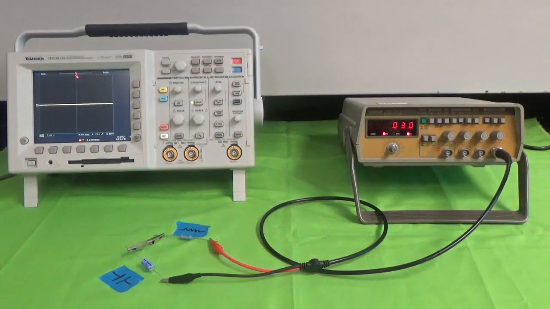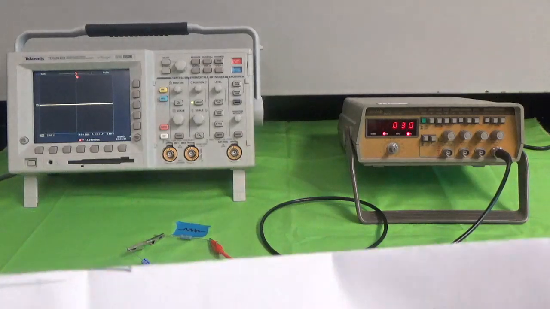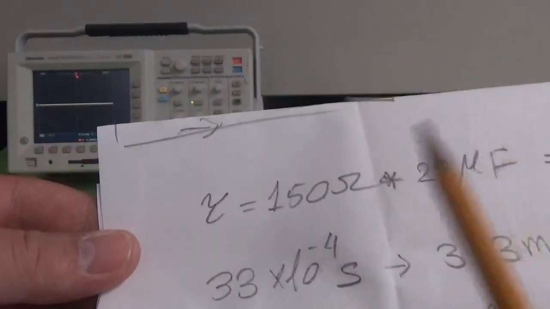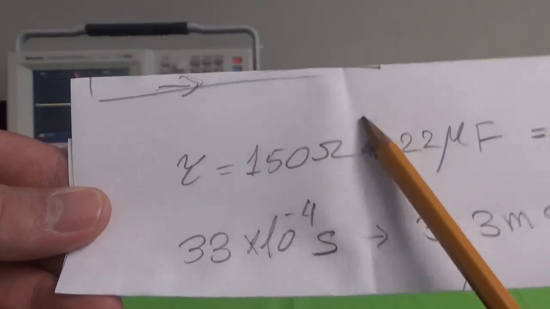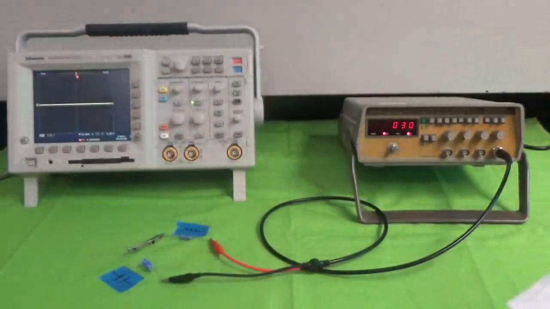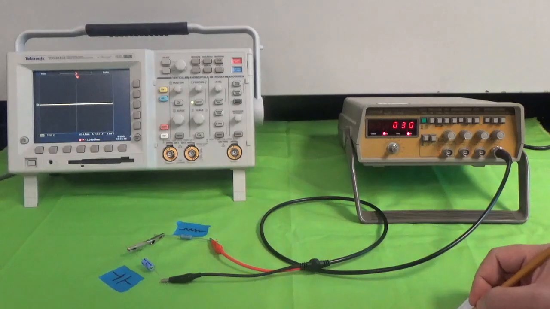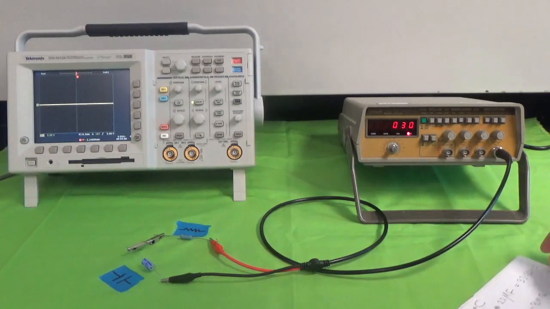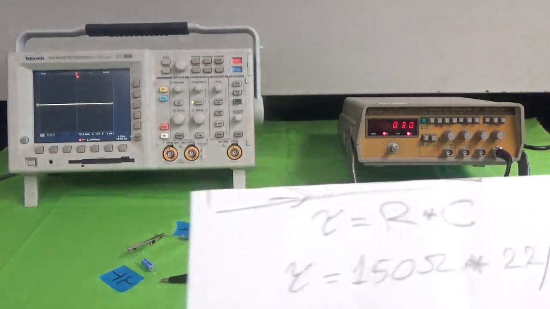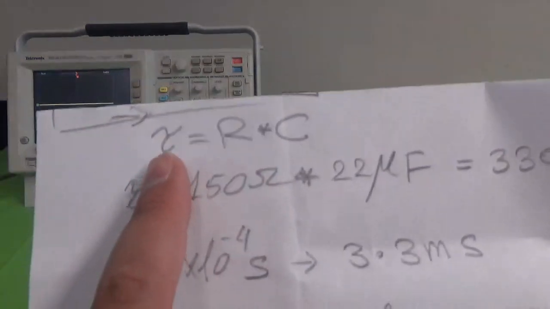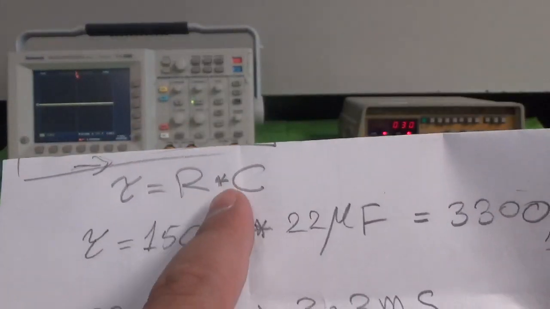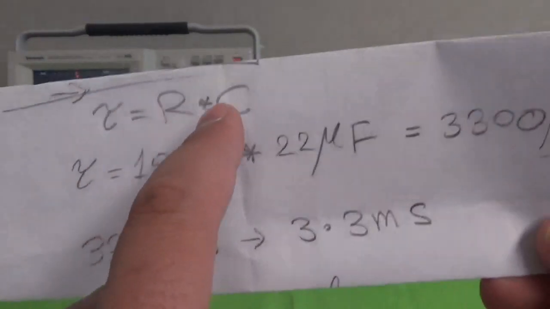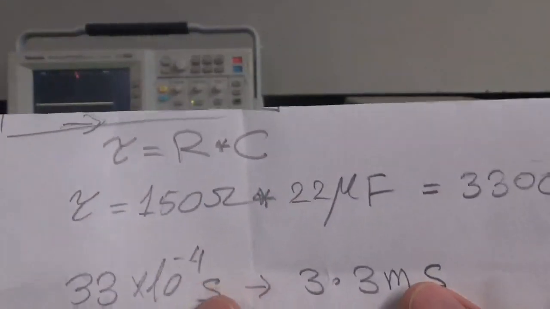I will write that down, maybe that's easier for you to recognize. As we learned, tau, the time constant for this RC circuit, is equal to R times C, where R is the resistance and C is the capacitance.